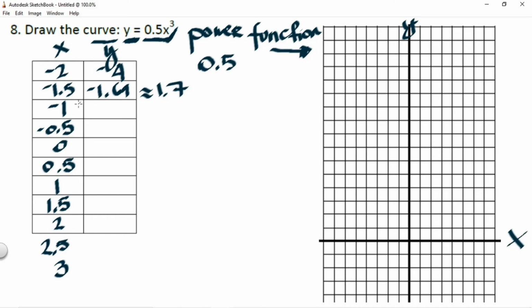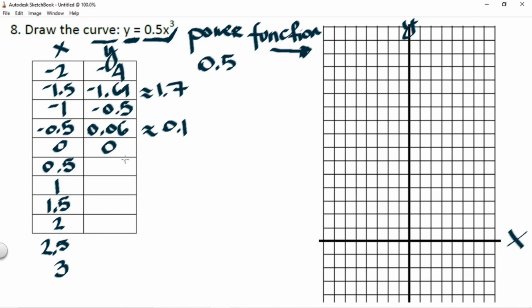If x is -1, y is -0.5. If x is -0.5, y is -0.06, or it is nearly -0.1. If x is 0, y is 0.